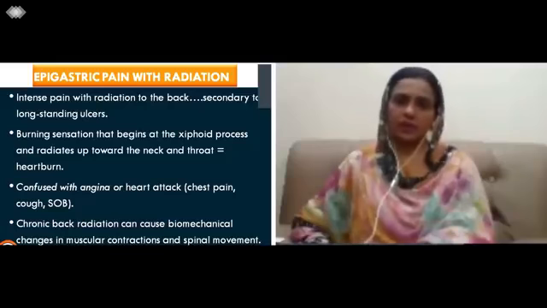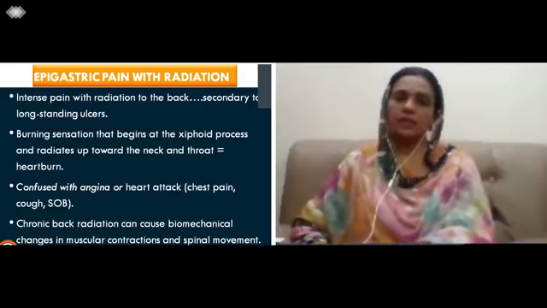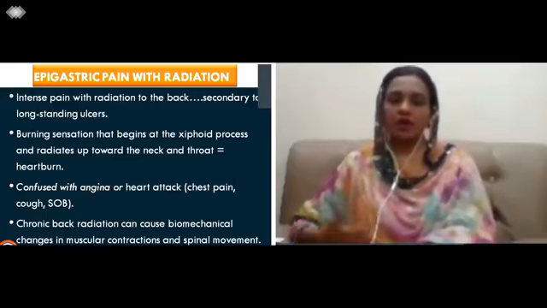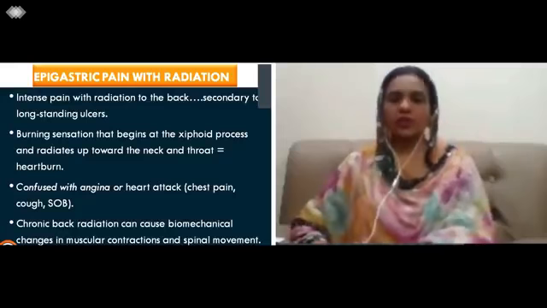If the patient has ulcers and has not got any proper treatment for that, then long-standing ulcers can cause back pain, and the patient may not relate the back pain with the ulcer. So you need to be very conscious about that, that if the pain is caused by the ulcers.